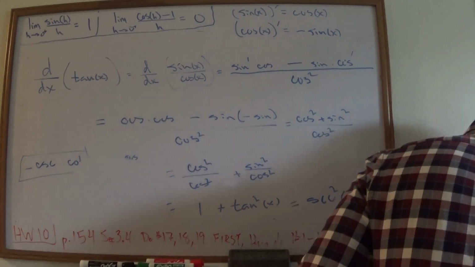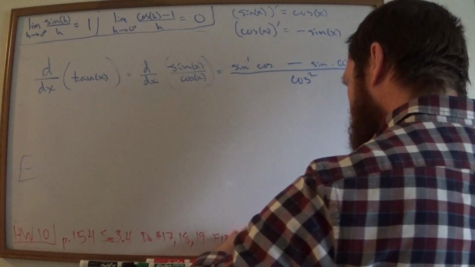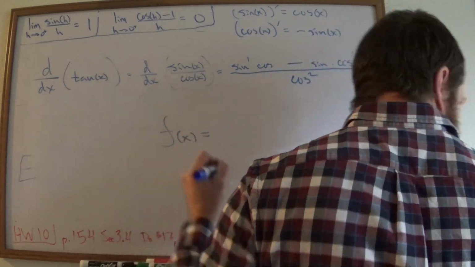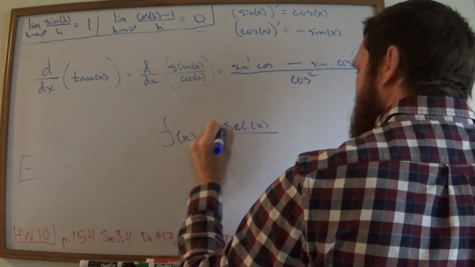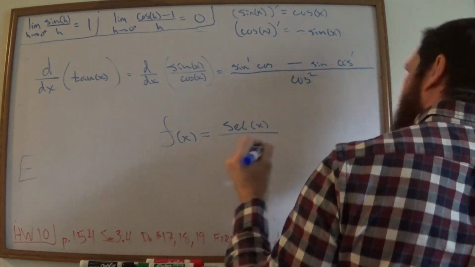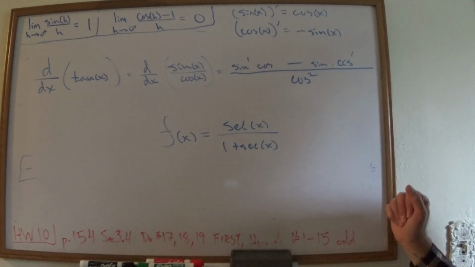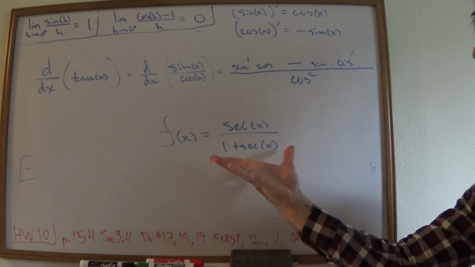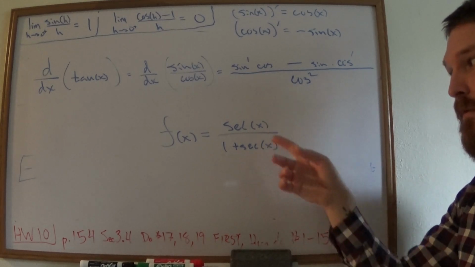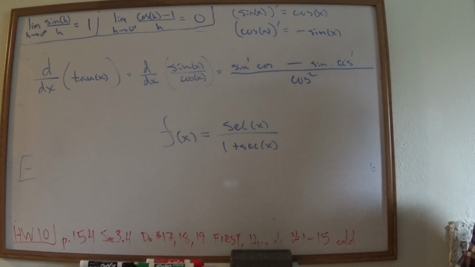For instance, 11 tells you to find the derivative of f of x, which is secant x over 1 plus secant x. You could change all of these into sines and cosines and do it that way, or you could utilize the result that you got here. This is a quotient, so you'll need the quotient rule, though it may be easier to do it with sines and cosines. I don't know, it's up to you. This is for you to figure out.